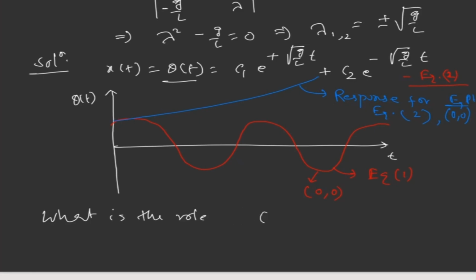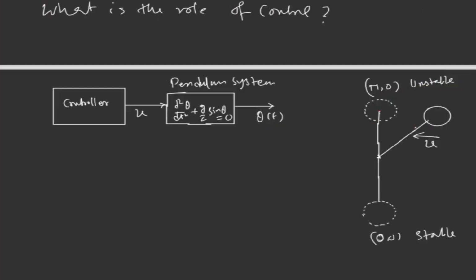Let me explain it. Let's assume we have a controller, who is giving the desired input to the pendulum system. So we can modify the equation: d squared theta dt squared plus g by l sine theta equal to u of t. Some control we are applying to the system.